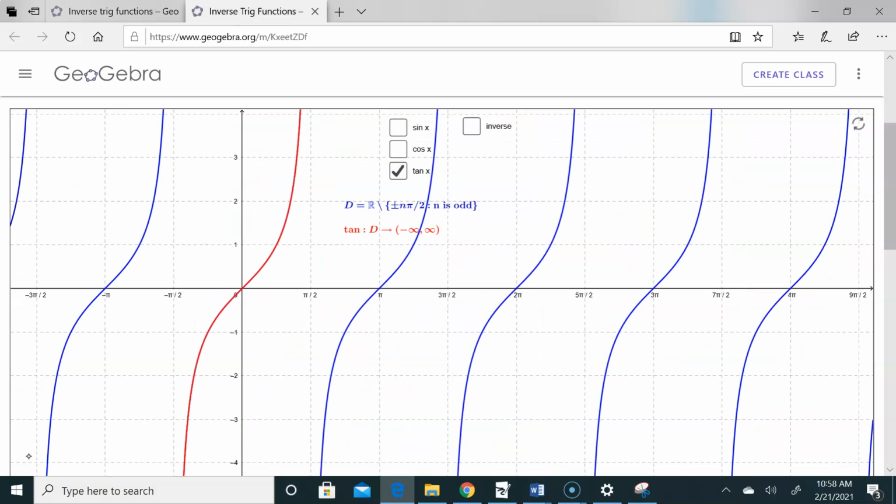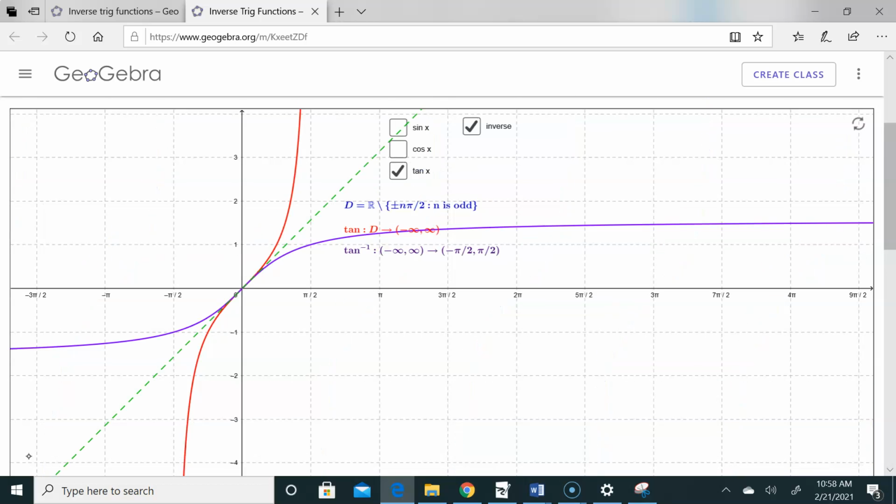Well, here's the tangent function again, all those little squiggles. You see you have asymptotes at negative pi over 2 and positive pi over 2. And here's its inverse, and it just really uses that one little piece. For inverse tangent, the domain is all real numbers, but its output, or range, is negative pi over 2 to pi over 2, not including them.